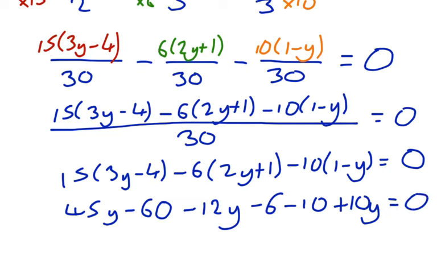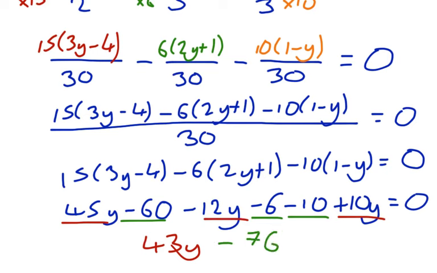45y - 12y + 10y is going to give us 43y, and -60 - 6 - 10 is going to give us -76, and that's all still equal to 0.